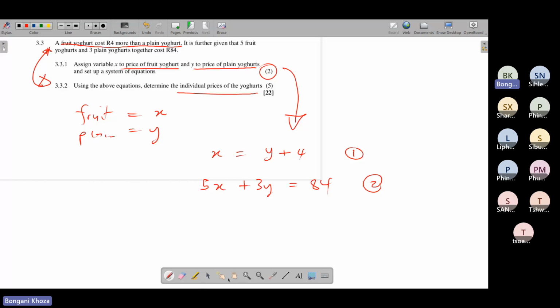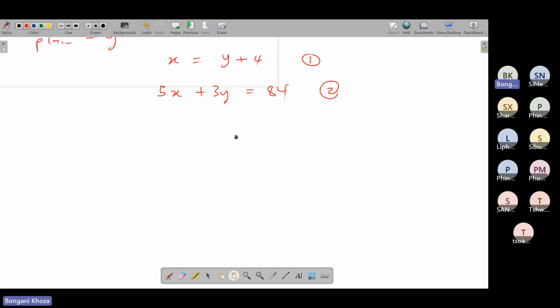Right. So this is a simultaneous equation. You can use any method you want, whether it's substitution or elimination. I'm going to use substitution quickly here. So sub equation 1 into equation 2. So I have 5 into y plus 4, plus 3y equals 84.